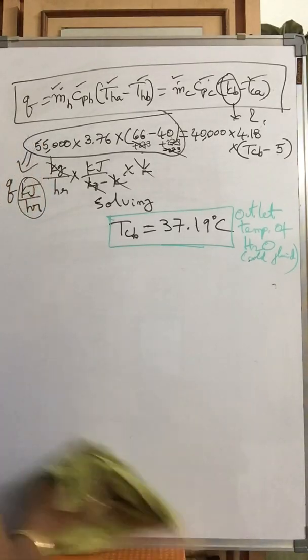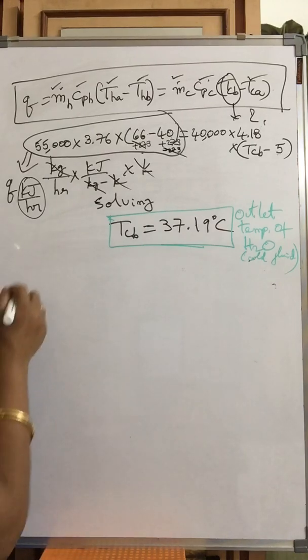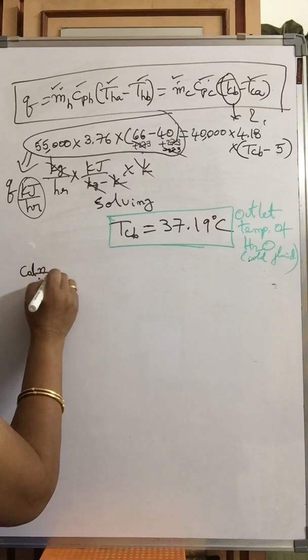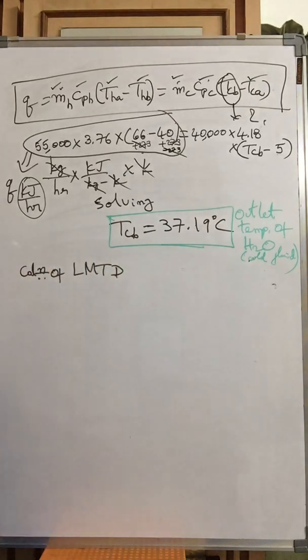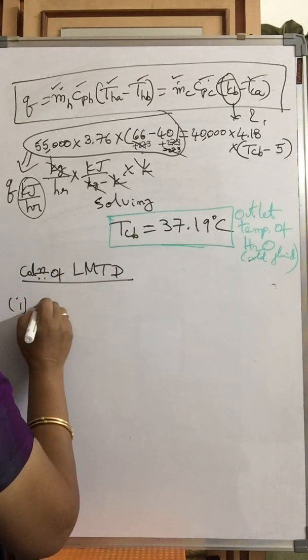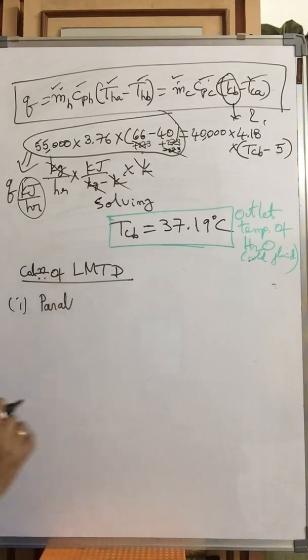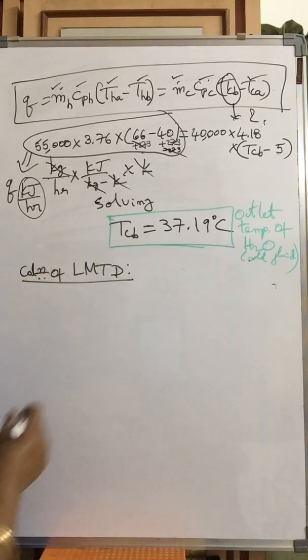The next question is the calculation of LMTD. First we will do it for parallel flow. First we shall write all of TCA, TCB, then we will write parallel and counter.